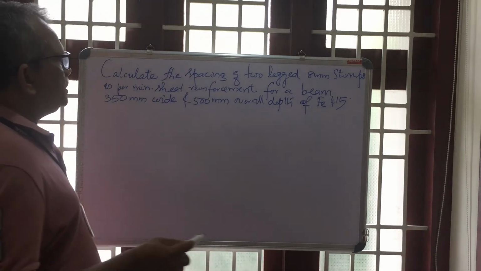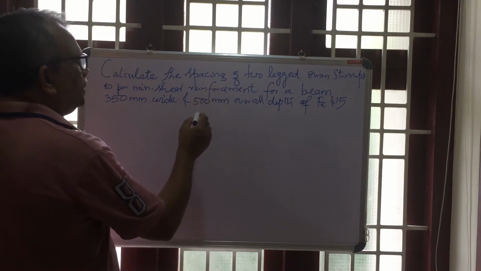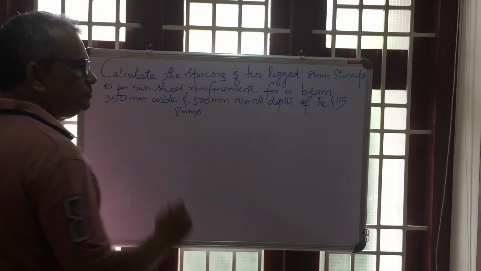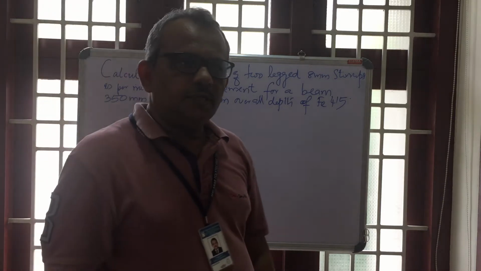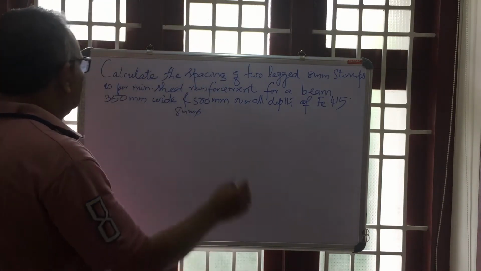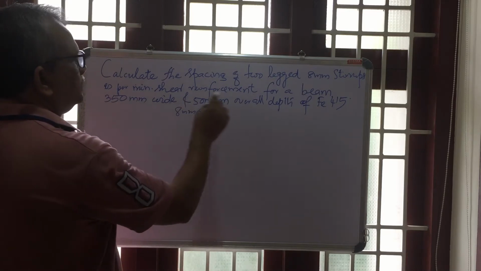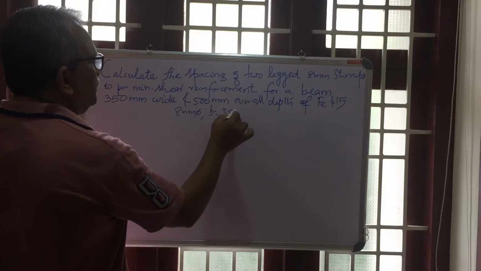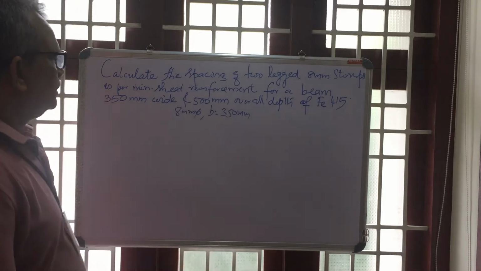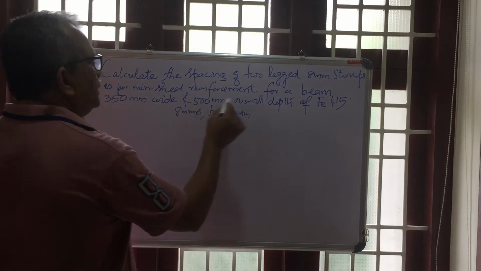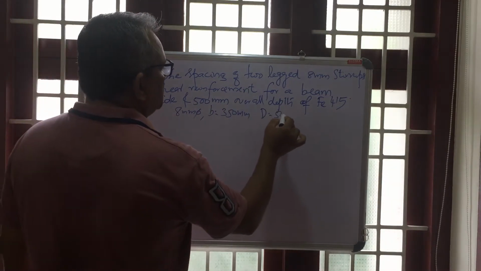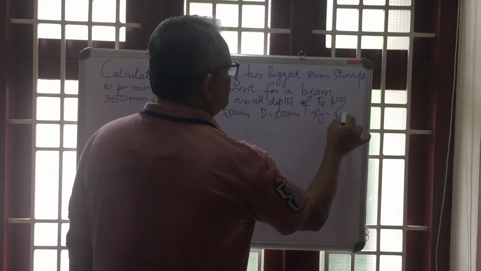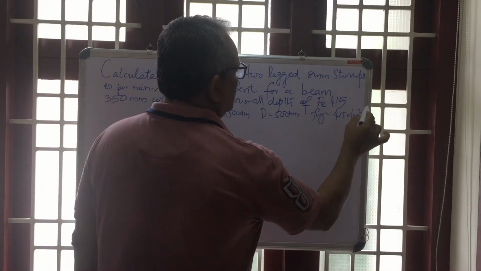So here, what are the data given? The diameter of the bar is given as 8 mm. 8 mm vertical stirrups are to be designed, and the breadth of the beam is given as 350 mm, B. The overall depth, capital D, is equal to 500 mm, and Fy is given as 415 Newton per mm squared.